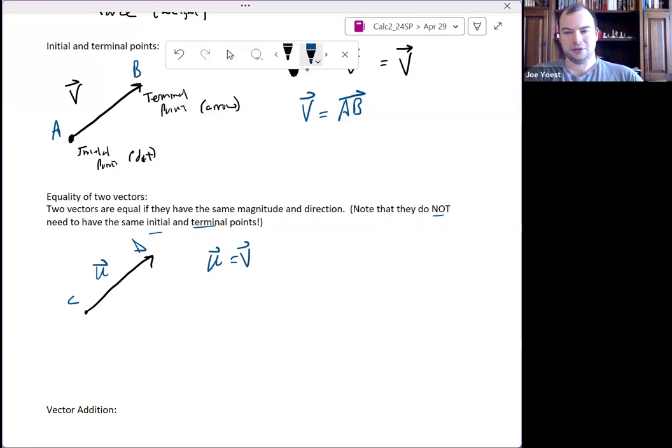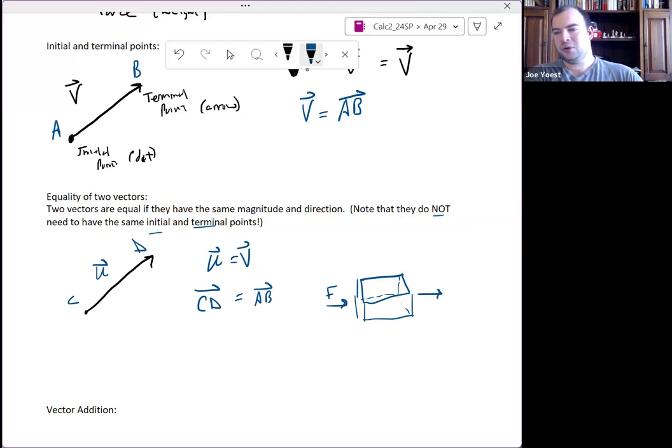So I could say that U equals V, or that CD equals AB. This is super nice because I can think of, if I have a box suspended in midair, pushing on it with some force, or I could think of pulling on it with some force.